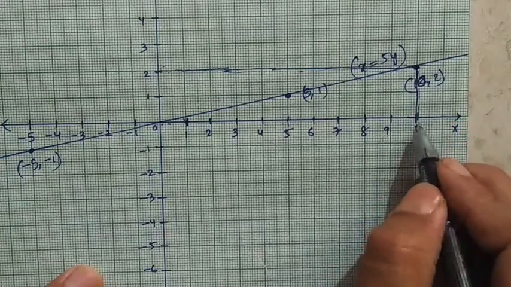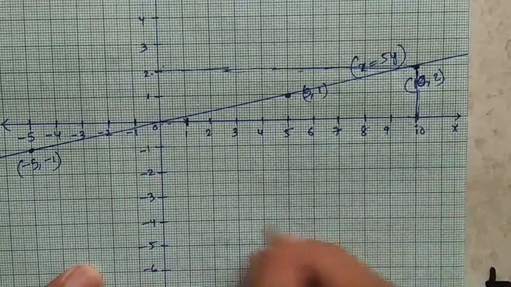So x is 10. That means when y is equal to 2, x is 10.